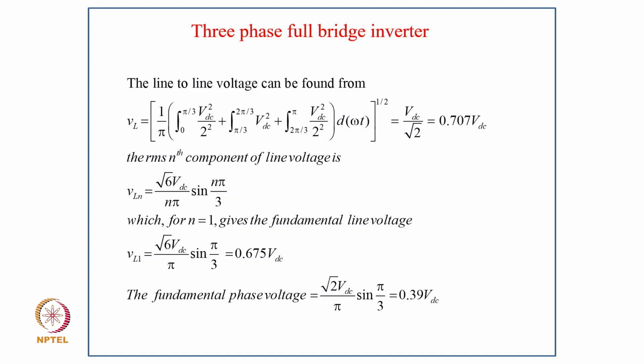And the RMS nth component of line voltage is VLn equal to root 6 VDC by n pi into sin n pi by 3, which for n equal to 1 gives the fundamental line voltage, that is VL1 equal to root 6 VDC by pi into sin pi by 3, or equal to 0.675 VDC. So the fundamental phase voltage equal to root 2 VDC upon pi sin pi by 3 equal to 0.39 VDC.